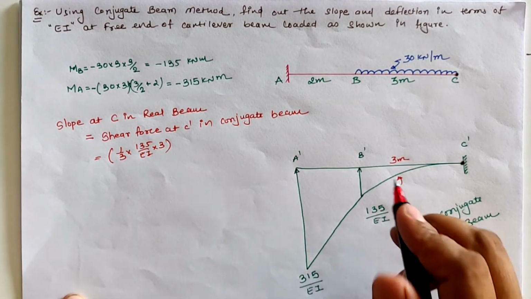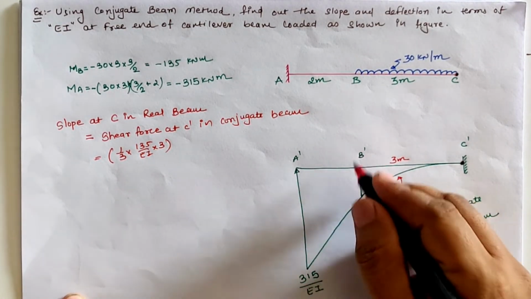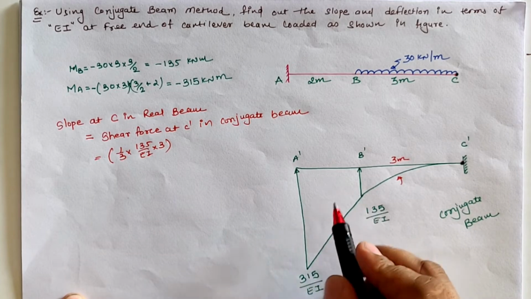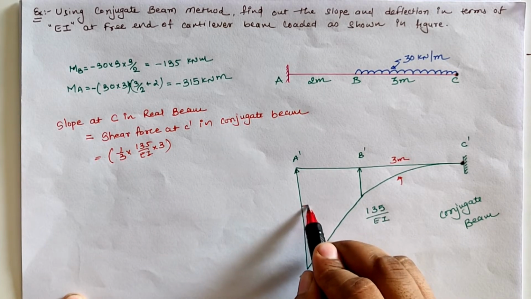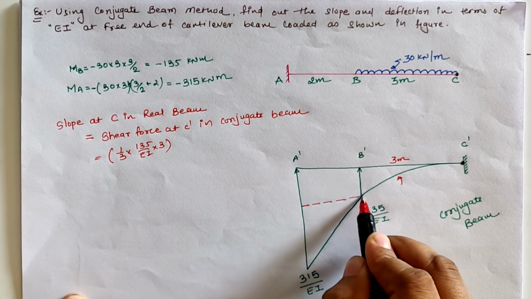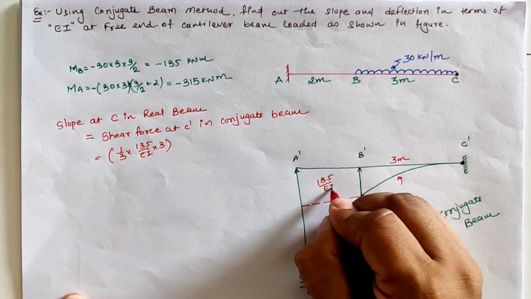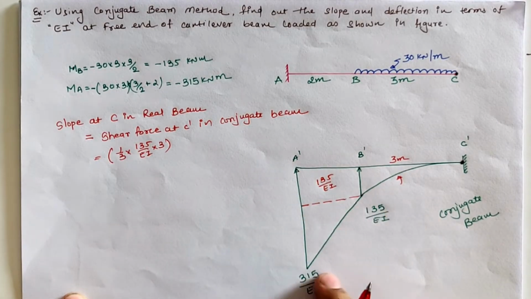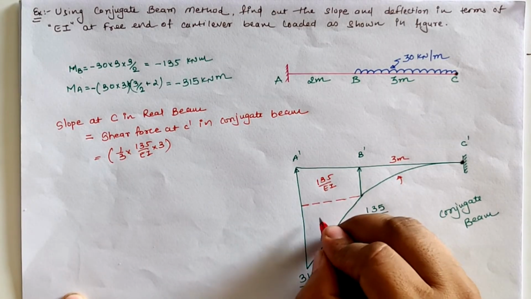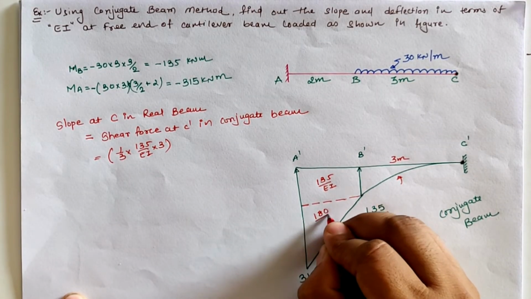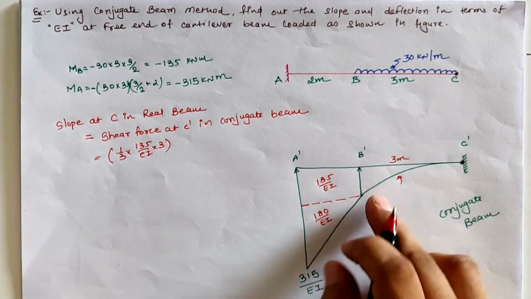Now for the second part, which is trapezoidal, we convert it into two parts: 135 by EI for the rectangular part or UDL, and the rest, which is 315 minus 135, as 180 by EI, which is a UVL.